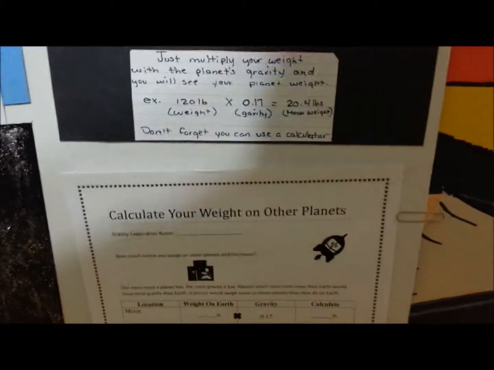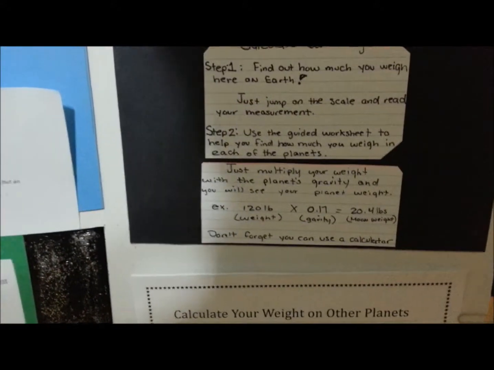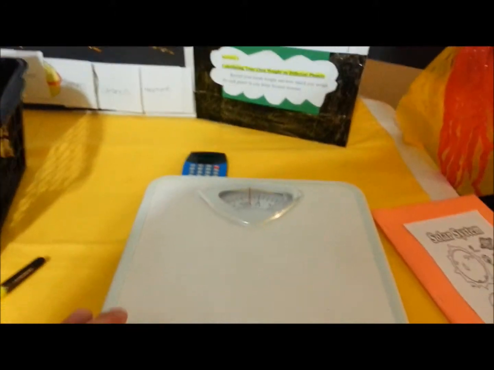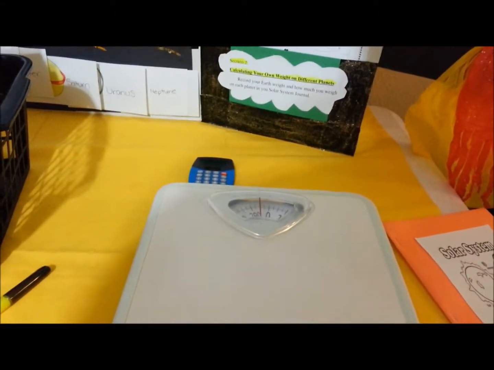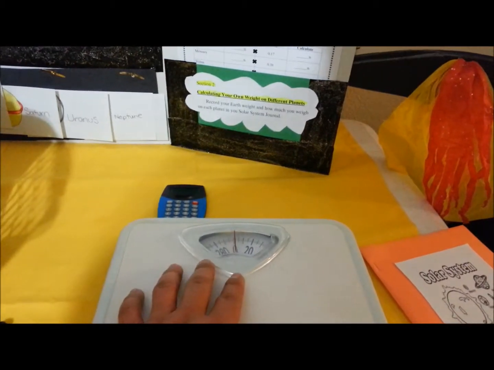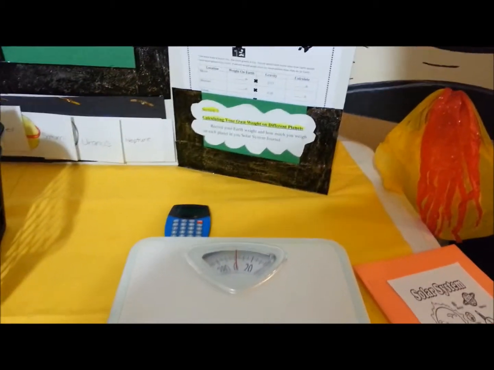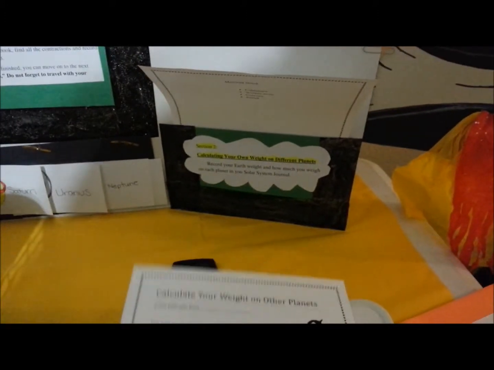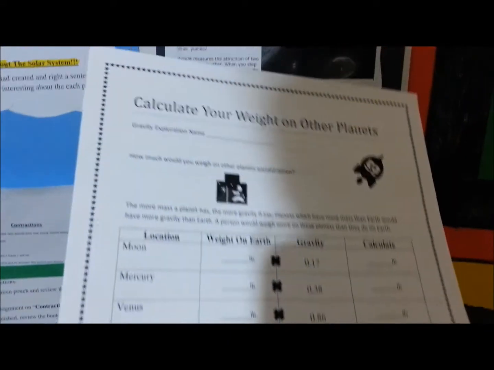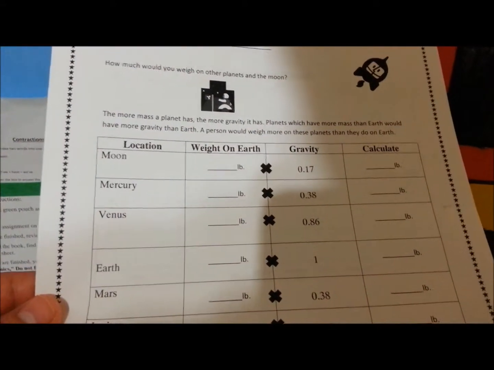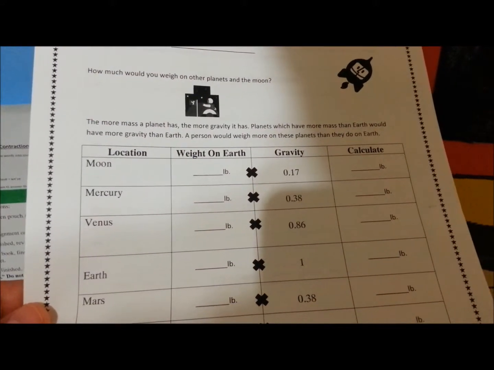They need to weigh themselves, which is an awesome opportunity to learn how to use a measuring tool in math. Once they have weighed themselves, they can calculate how much they would weigh on different planets by simply multiplying their weight times the gravity of each planet.